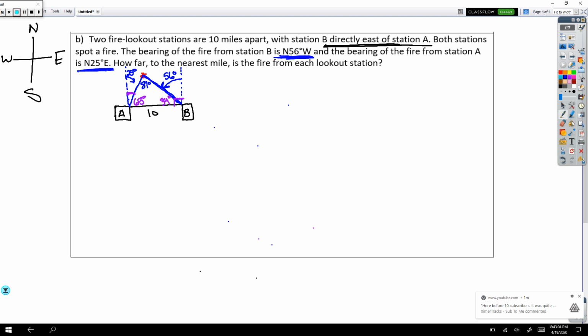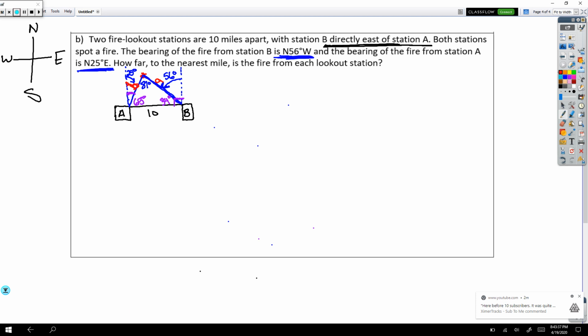Now this is where things are going to get a little bit confusing. So if we say that this is angle A, right, station A, its side is going to be here, but that's the distance from station B to the fire. Likewise, if we look at angle B here, its side would be here, but that B is going to represent the length from station A to the fire.